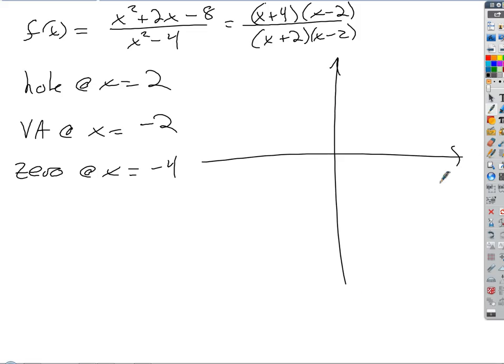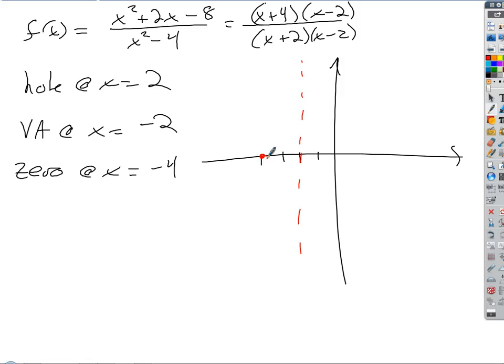We know the vertical asymptote is key. That's a big feature of our graph. Now we know we've got a zero at -4, so that helps a little bit. What about a y-intercept?